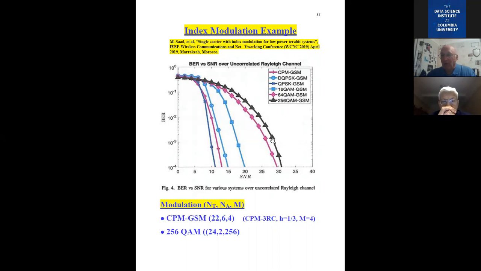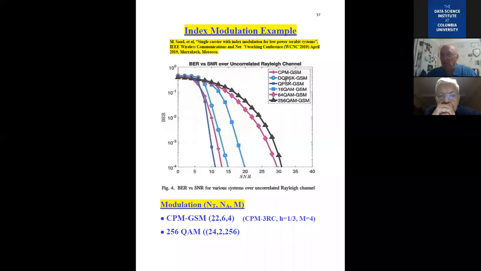In these cases, all the way up here, the modulation we're using is 256 QAM, but they were only picking 2 antennas out of a possible 24. These results are very, very good. What's nice about this is that the ones using continuous phase modulation mean you can use a nonlinear power amplifier to transmit the signal.